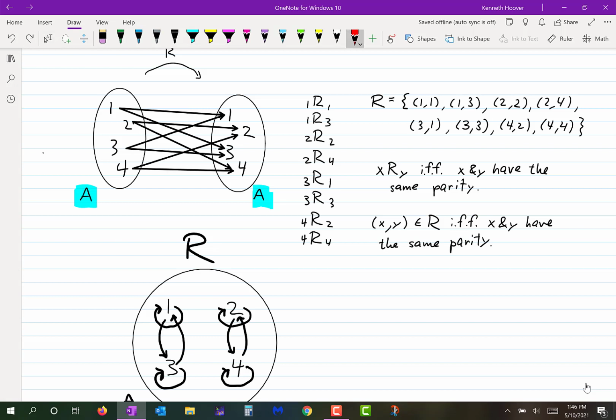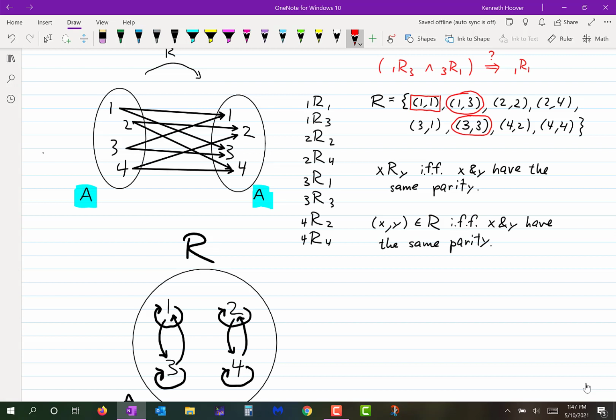You would have to say, for instance, 1, 3 is in there, and 3, 3 is also in there. So 1 is related to 3, and 3 is related to 3. Does that imply that 1 is related to 3? And the answer is yes, because 1, 3 is there as well.